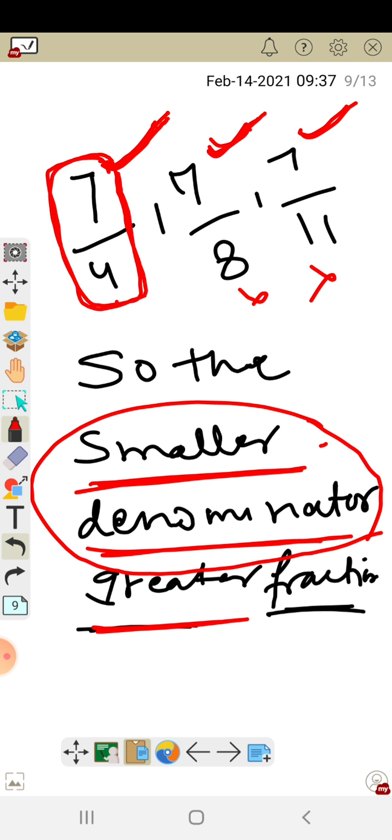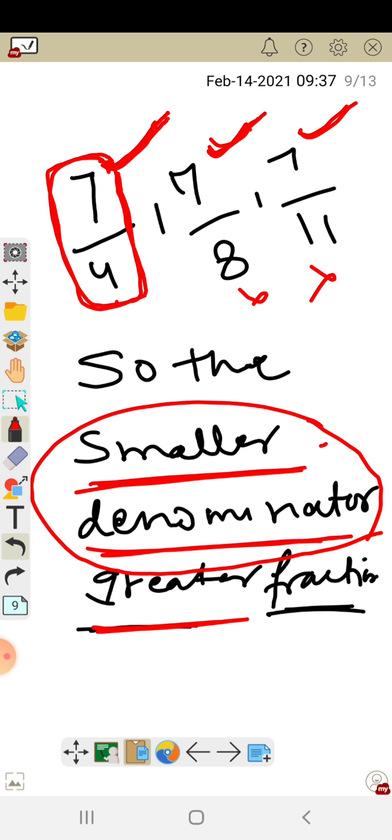In all three fractions the numerator is the same and the denominator is smaller compared to the others. The second fraction has denominator 8, the third has 11 and the first has denominator 4, so we can say that 7 by 4 is the greatest fraction.